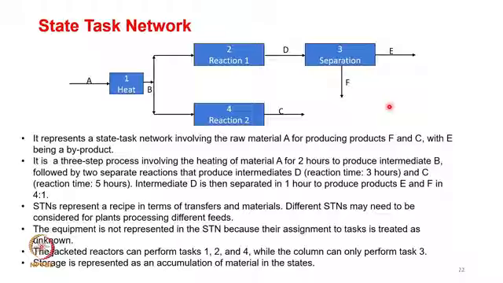So jacketed reactors can be used for performing tasks 1, 2, and 4, while separation can typically be done by means of separation columns and so on and so forth. Storage is typically represented as accumulation of material.